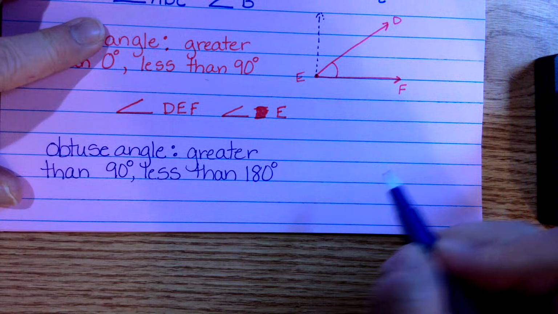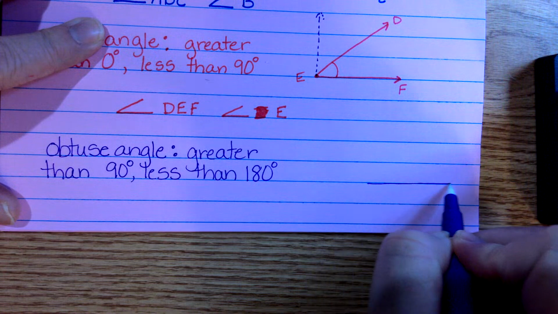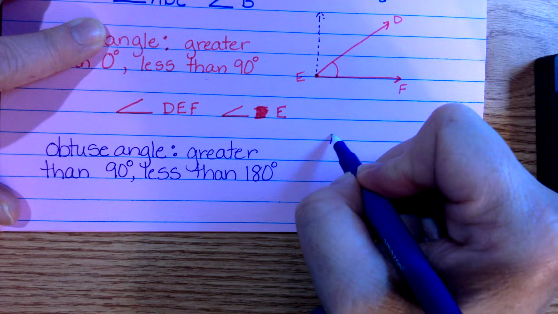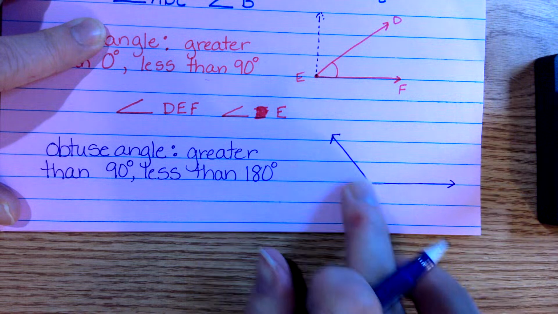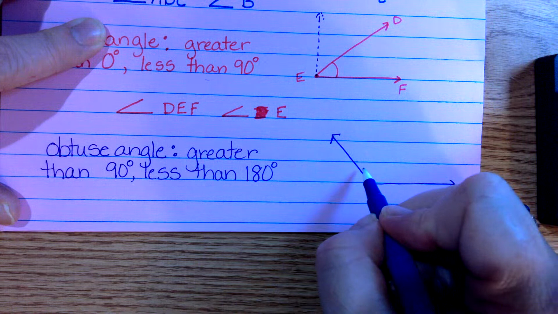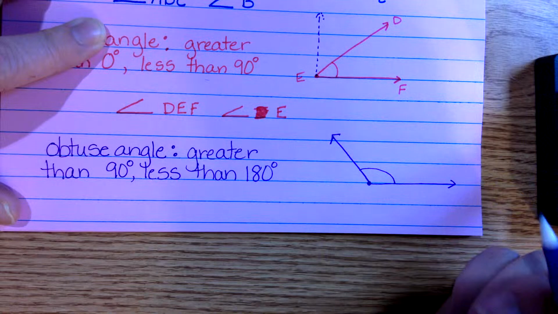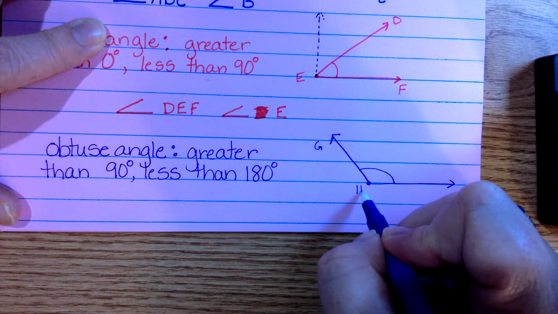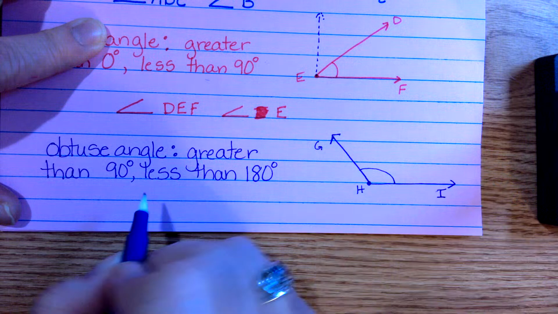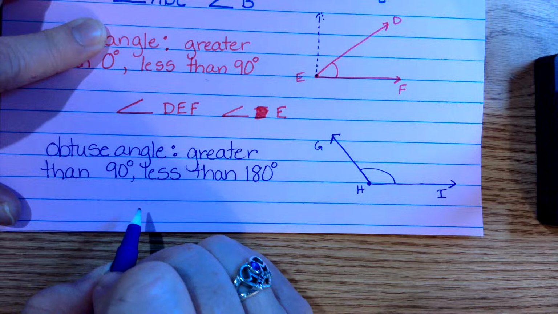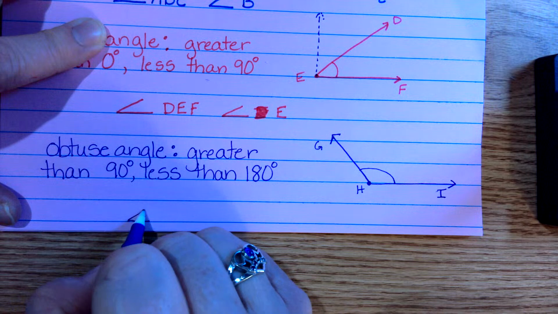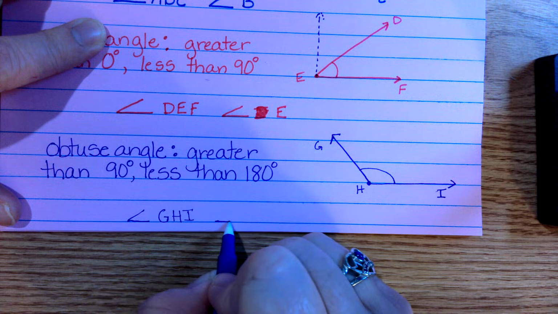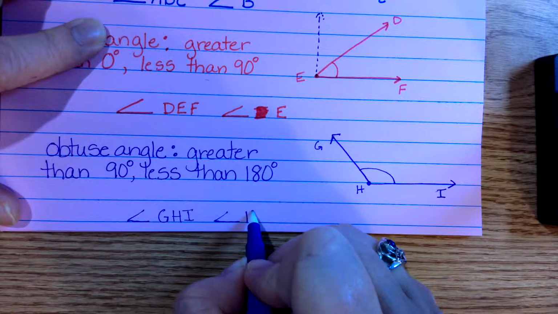It's the same as fat. It's a fat angle. And the way I think about it is I think that it looks like a fat man sitting on his recliner watching TV. So notice this is the reclining position. And here's his big belly. And we're going to call this one GHI, which would be identified as angle GHI, also known as angle H.